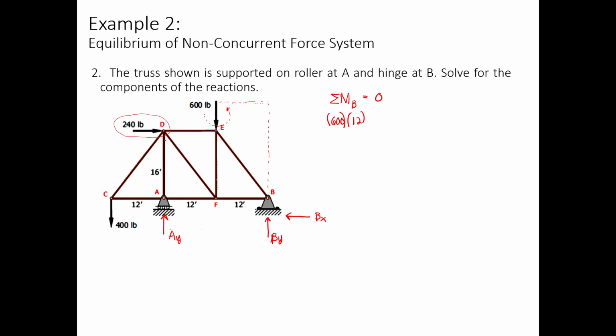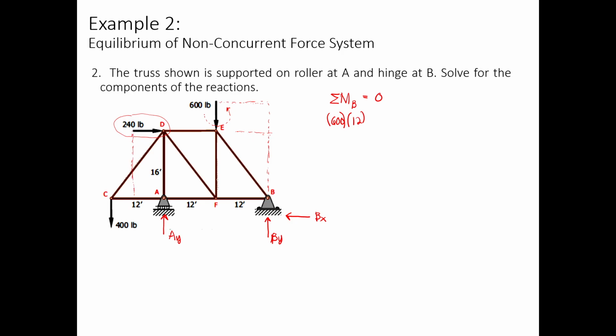Next, we can analyze the 240-pound force. How are we going to determine the distance? From B, the perpendicular distance is 16. So we can transfer the force to its tail, and the distance is 16.